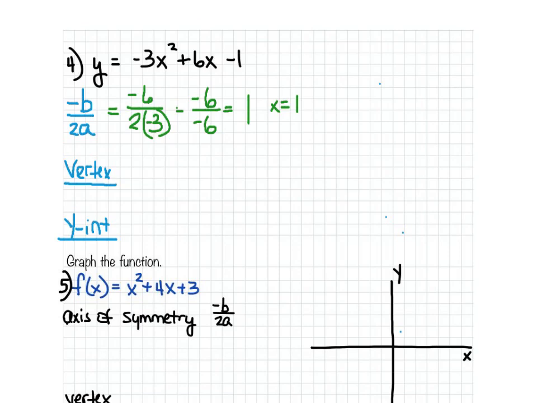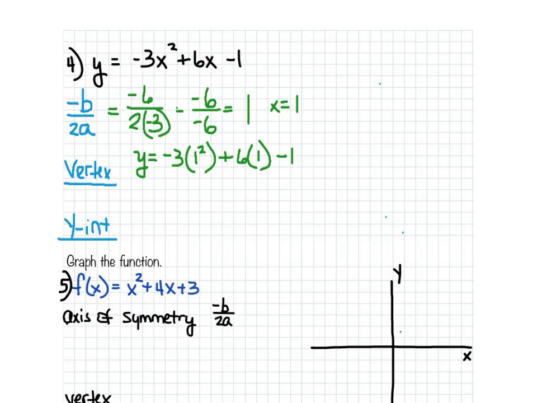Okay, so let's go on now to find what our vertex is. What we will do is substitute 1 for x in the equation. So let's do that. y equals negative 3 times 1 squared plus 6 times 1 minus 1.